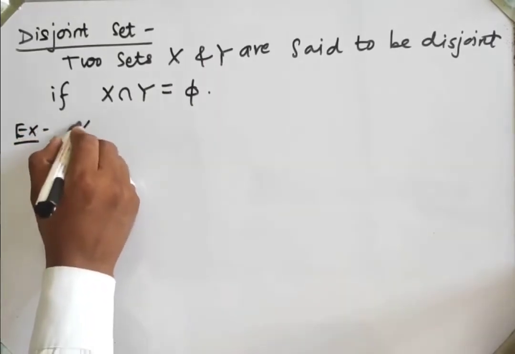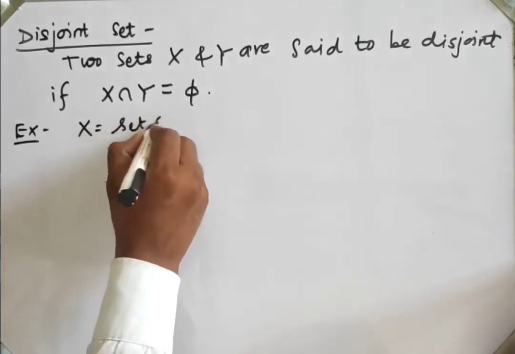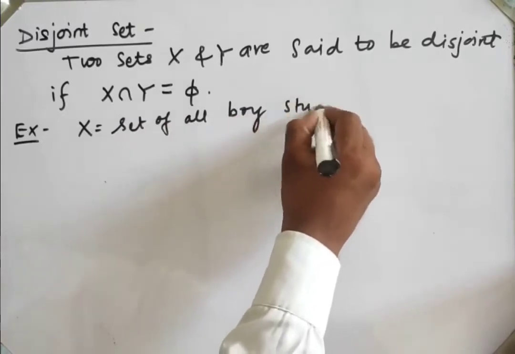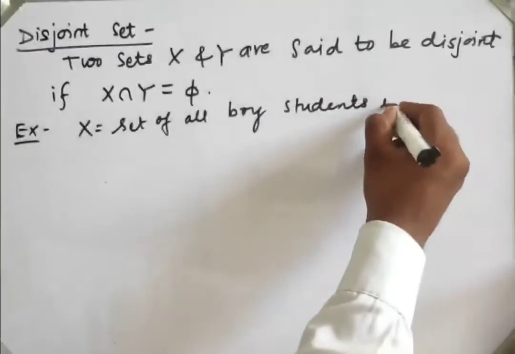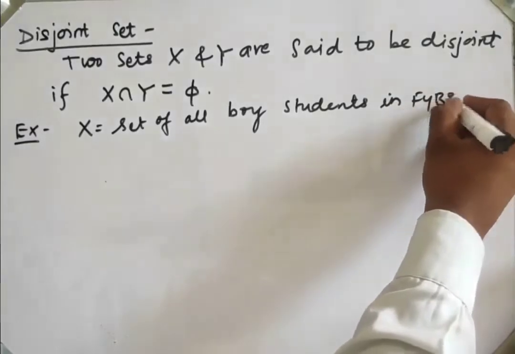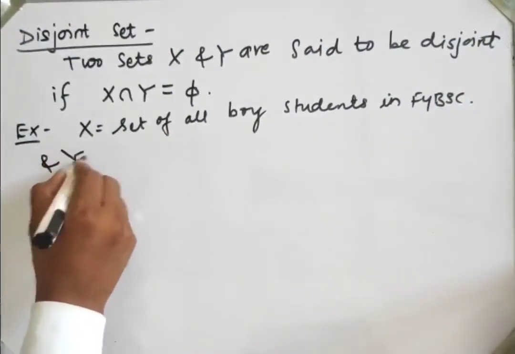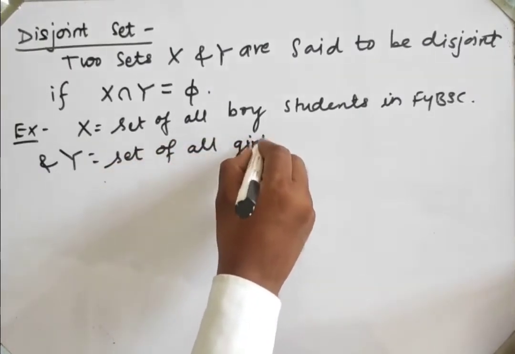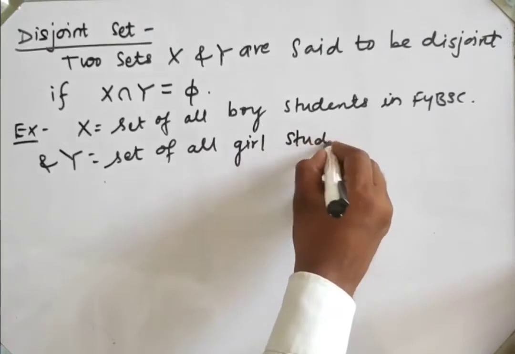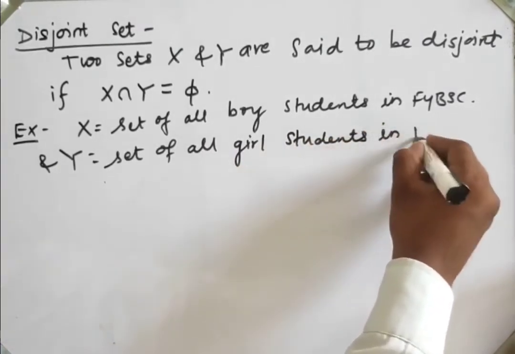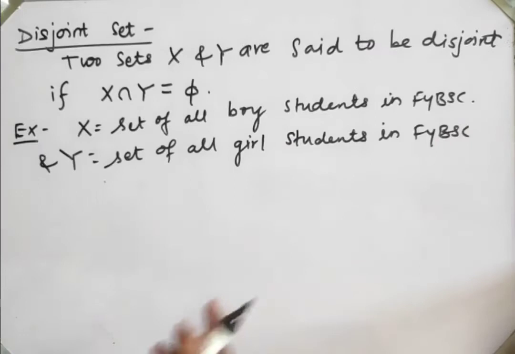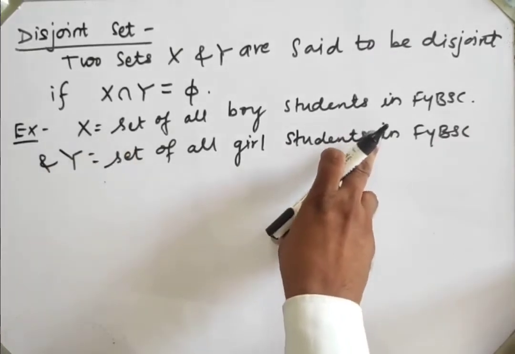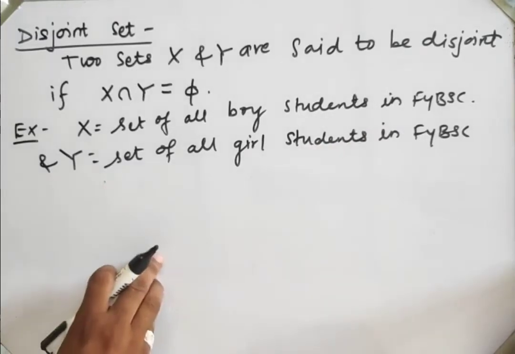For example, if I take set X as the set of all boy students in FYBSc, and I take set Y as the set of all girl students in FYBSc. So X is the set of all boy students in first year BSc, and Y is the set of all girl students in FYBSc.